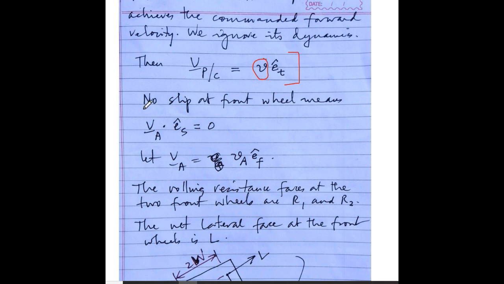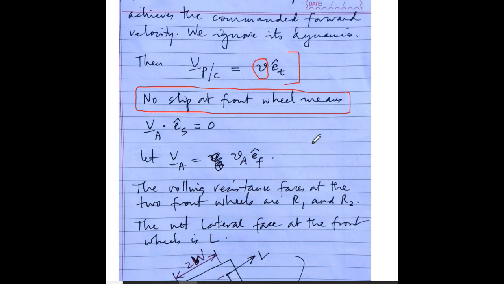We will assume there is no slip at the front wheel. Now you may wonder why I'm assuming that. I think that the slip at the front wheel will be less than the slip at the rear wheel for two reasons. One is, roughly speaking, the weight at the front is divided, since there are two wheels at the front.